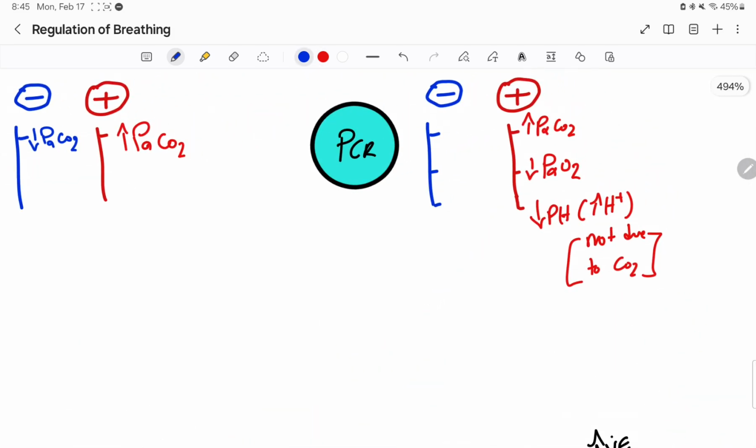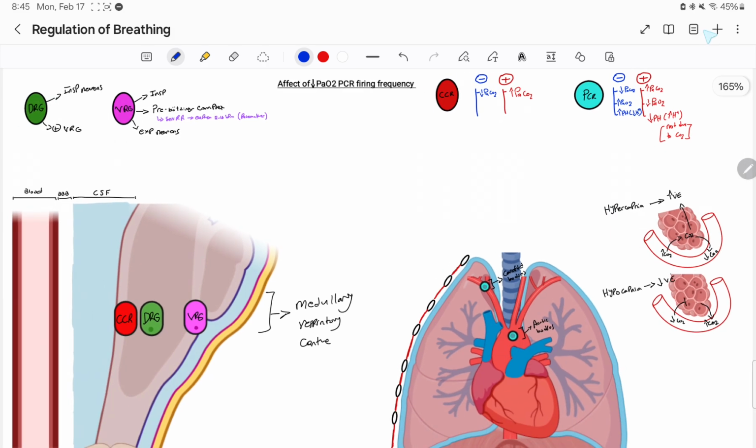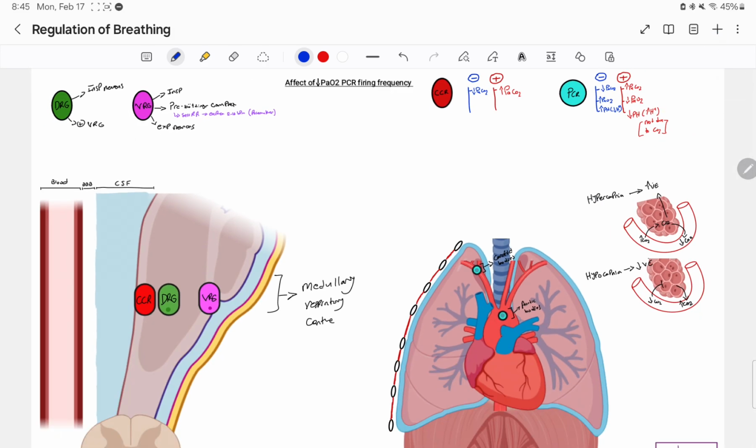And the things that inhibit this peripheral chemoreceptor are going to be the exact opposite, okay? So for example, a low partial pressure of arterial CO2, a high partial pressure of arterial oxygen, and a high pH, which, as you guys now know, means low protons, okay? Low protons. Awesome.